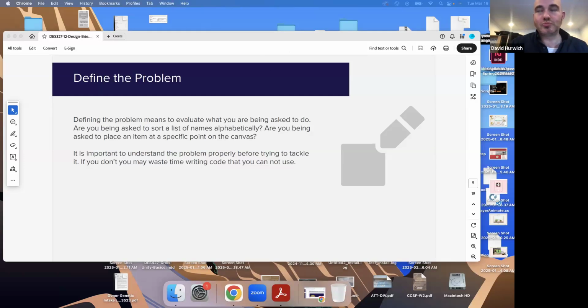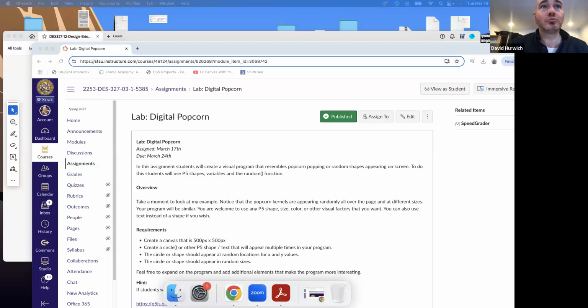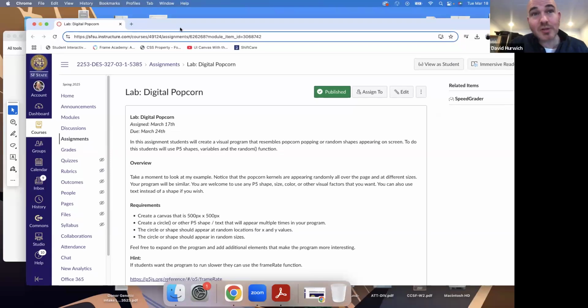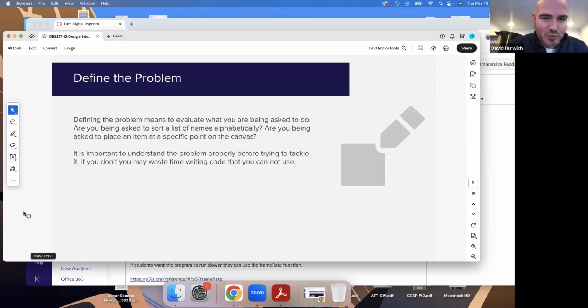So what is your problem? Well, your problem is that you're trying to create a bunch of circles and shapes to appear randomly, right? That's kind of your problem. So it's important that when you start a problem, you're answering the correct problem, right? We don't want to answer the wrong problem.